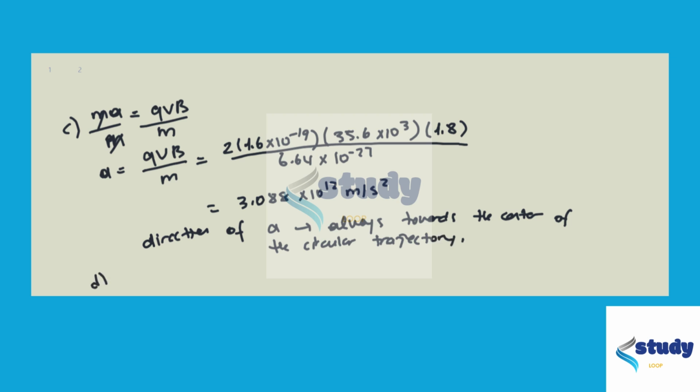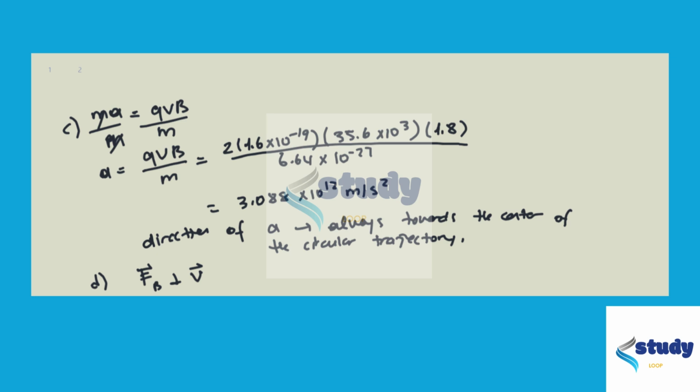So in part D, we are asked whether or not the magnetic force, being perpendicular to the velocity vector, would change the direction or the magnitude of it.